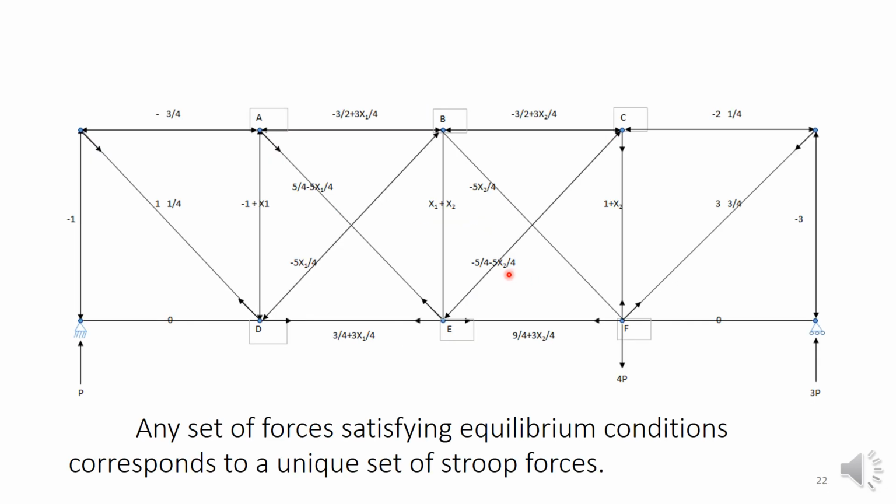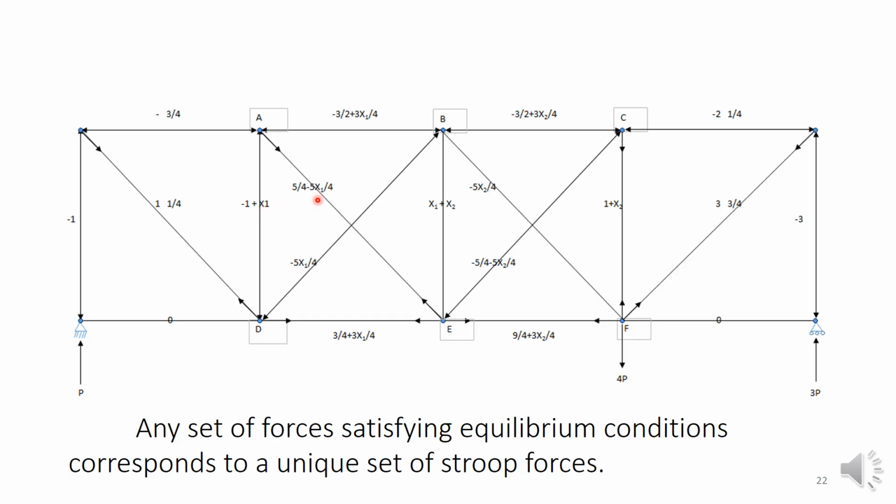Here we superpose the forces we got on the two previous slides. You had the forces in the members from the external forces, and then I have added to those the Stroop forces.